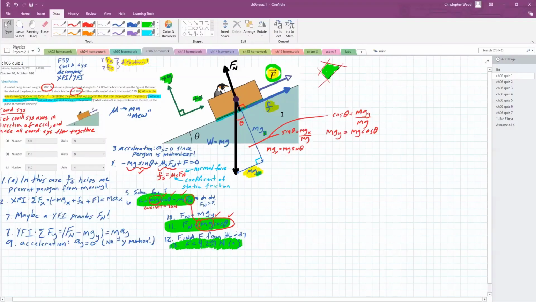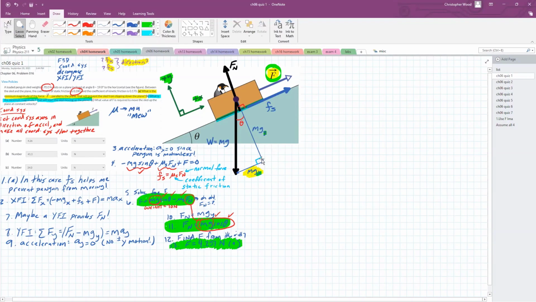Now, if this were an exam, you would just draw a completely new free body diagram, which is fair. I'm just going to recycle this. All of this trig stuff remains true, so I'm just going to get rid of that because that doesn't change. Sine theta equals mgx over mg doesn't change, et cetera. So I'm just going to focus on the stuff that changes.